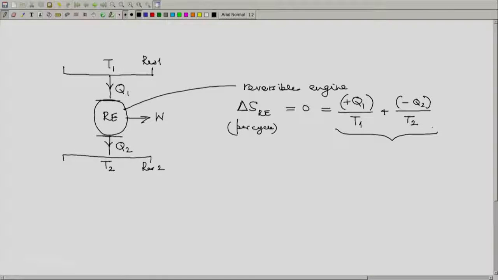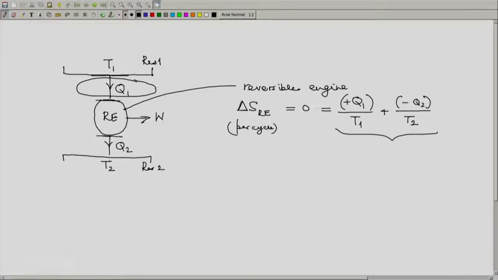Now let us look at it from the point of view of the reservoir. Even this process of transfer of heat Q1 from the reservoir to our reversible engine is a reversible process, so it takes place at essentially 0 temperature difference. So the temperature here is also T1, and hence if we use our definition of change in entropy, dS is dq by T. Here T is unchanged, so we can write delta S is Q absorbed by T, by the reservoir.